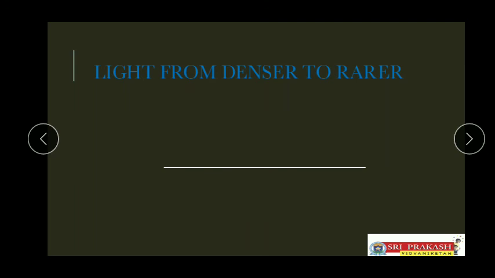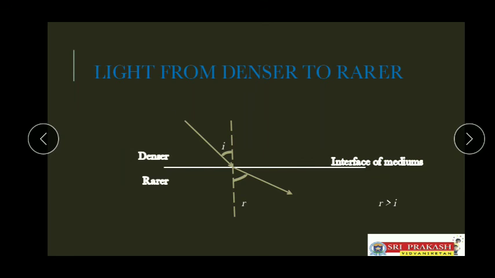So here is a line which separates the rarer medium and denser medium, but here the denser medium is on top, and now the light ray is coming from the denser medium. You can see the angle of incidence and angle of refraction. Here we need to identify that light is incident from the denser medium at an angle I, and the refracted ray is shifting away from the normal.